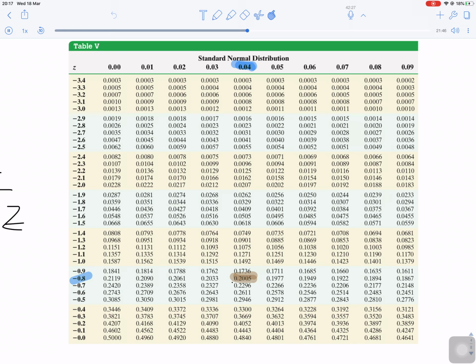So we focus on that and then match along to find the z-score that corresponds with this value. This value 0.2005 falls in the column 0.04 and along the row negative 0.8. So it means that the z-score that has the area to its left being 0.2 is negative 0.84. Okay, so that gives you the result for question 4.